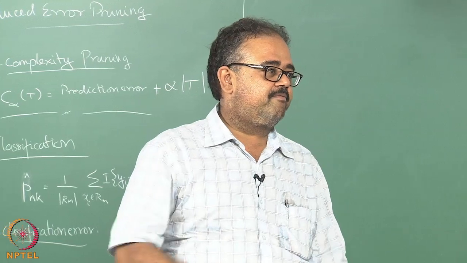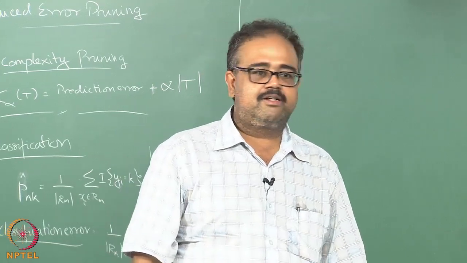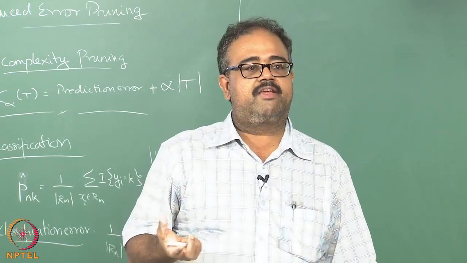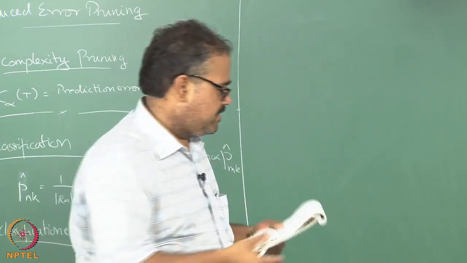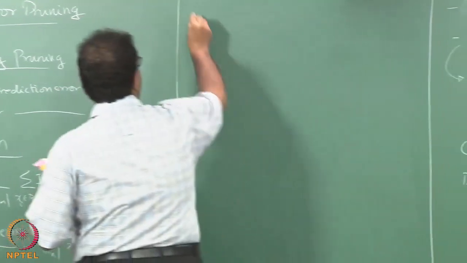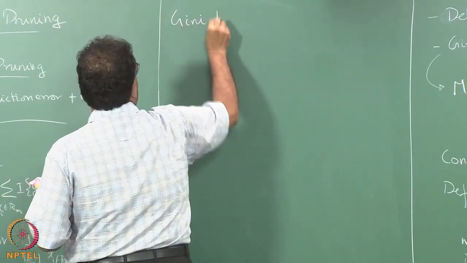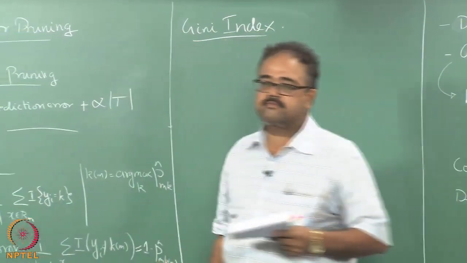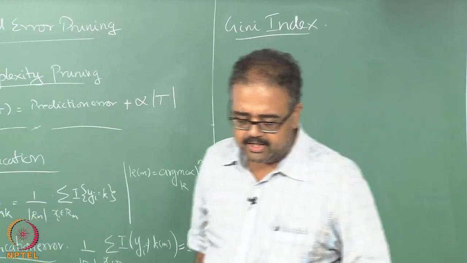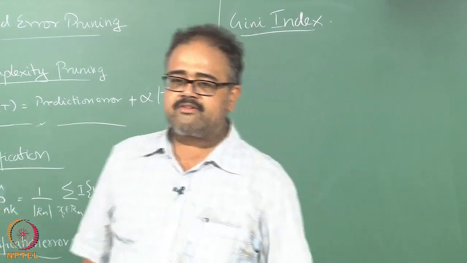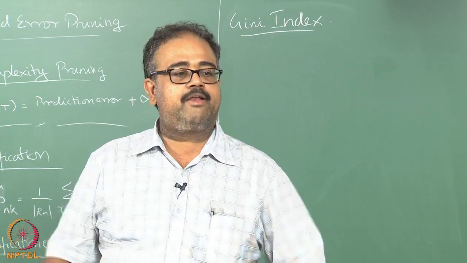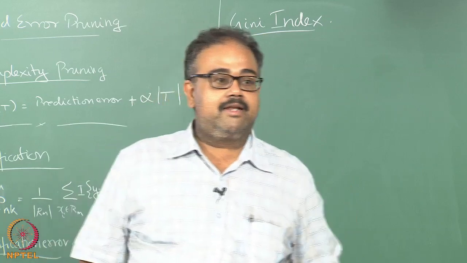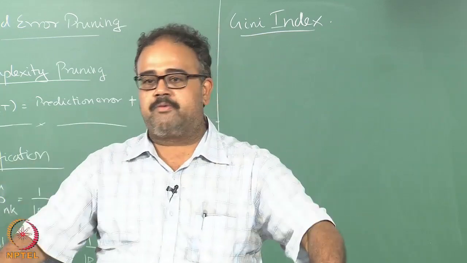They just keep fighting each other, and there are two very popular measures for doing classification using decision trees. The first one is called the Gini index. The Gini index was actually originally proposed by economists to look at disparity of wealth, right. So, let us look at the wealth distribution in a population.